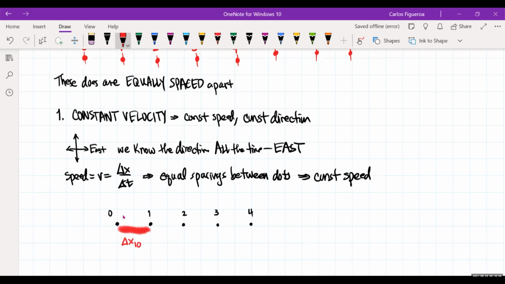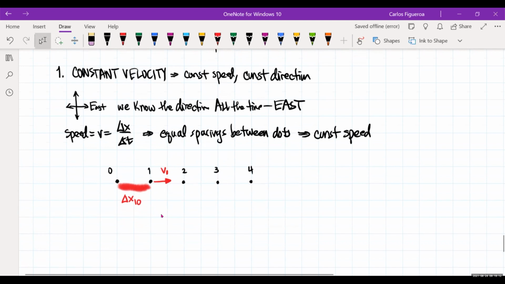That distance between 0 and 1 tells me that I have a speed v1 at point 1 here. In other words, when I write v1, it's equal to that distance divided by that time.